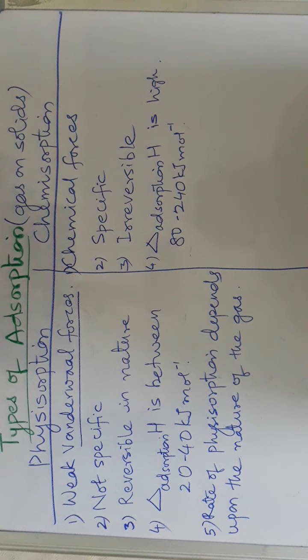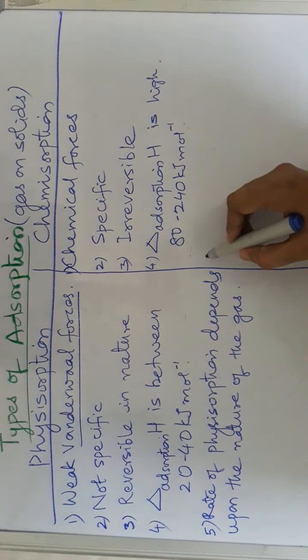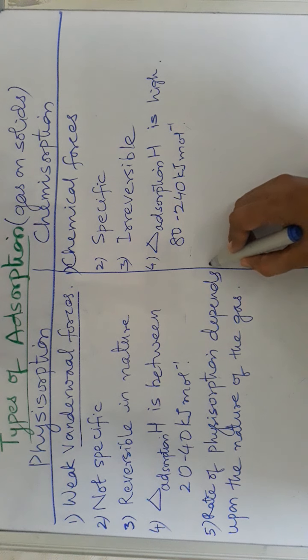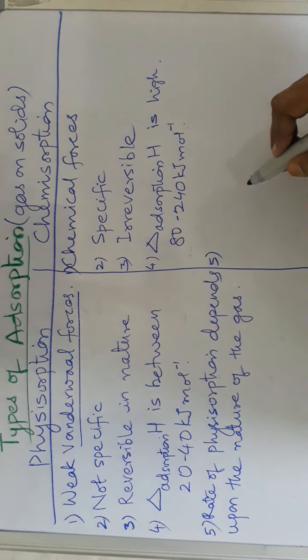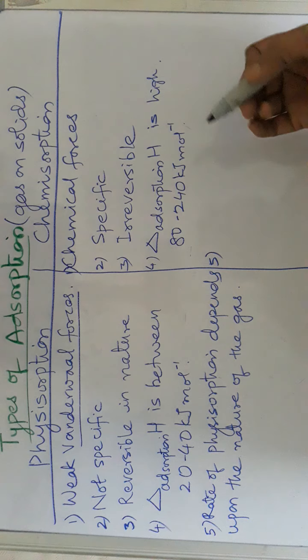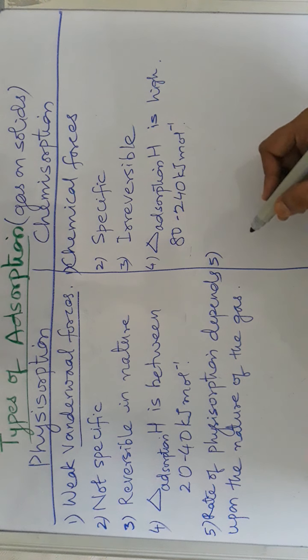Chemisorption also depends upon the nature of the gas. How does it depend upon the nature of the gas? Gases which react with adsorbent more readily get adsorbed more readily on the surface of adsorbent.